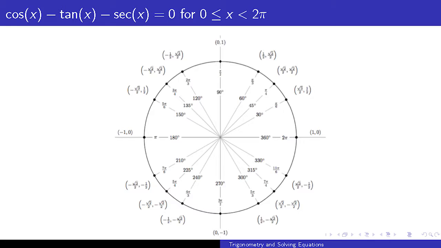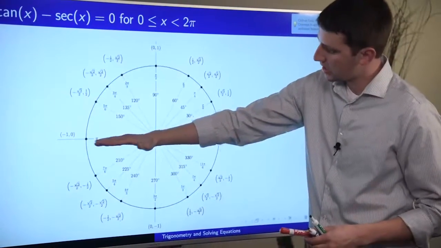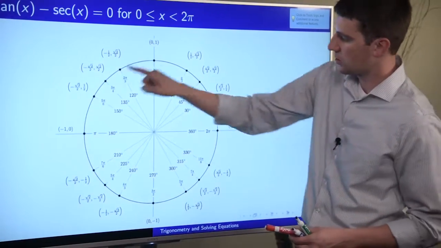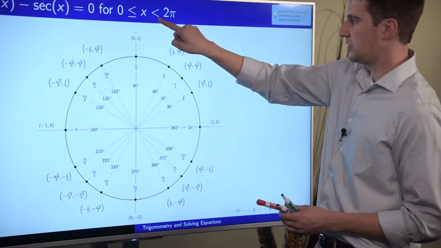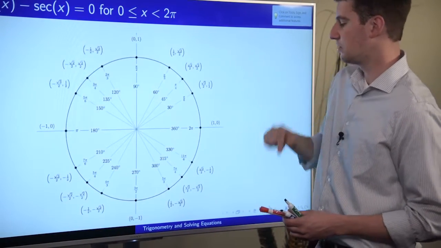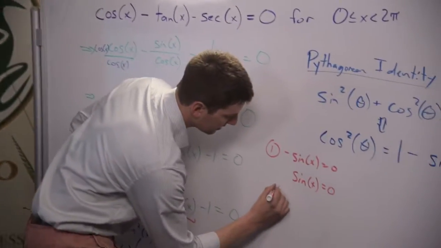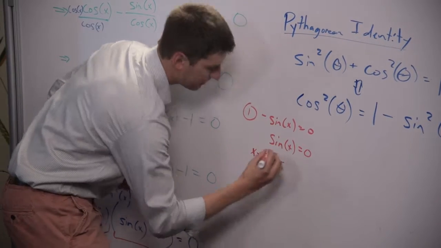Sine is the y-coordinate, so we are talking about height around here. And we want to go from 0 to 2 pi. So 0 is one solution, and pi is the other solution. And again, 2 pi doesn't count because we said this is strictly less than 2 pi. Therefore, our solutions for this are just 0 and pi.